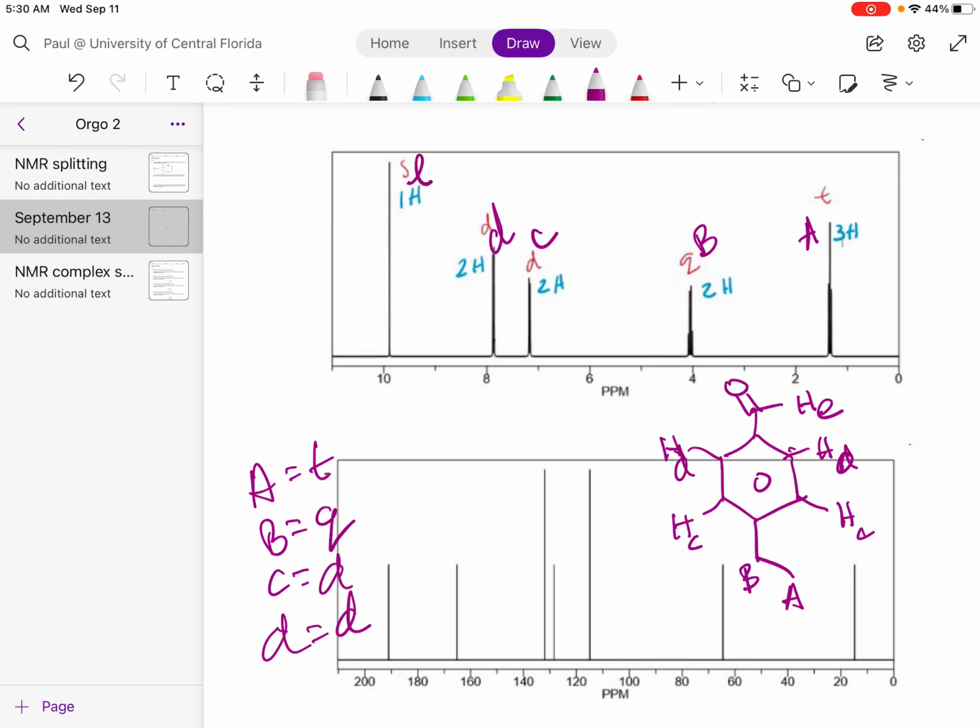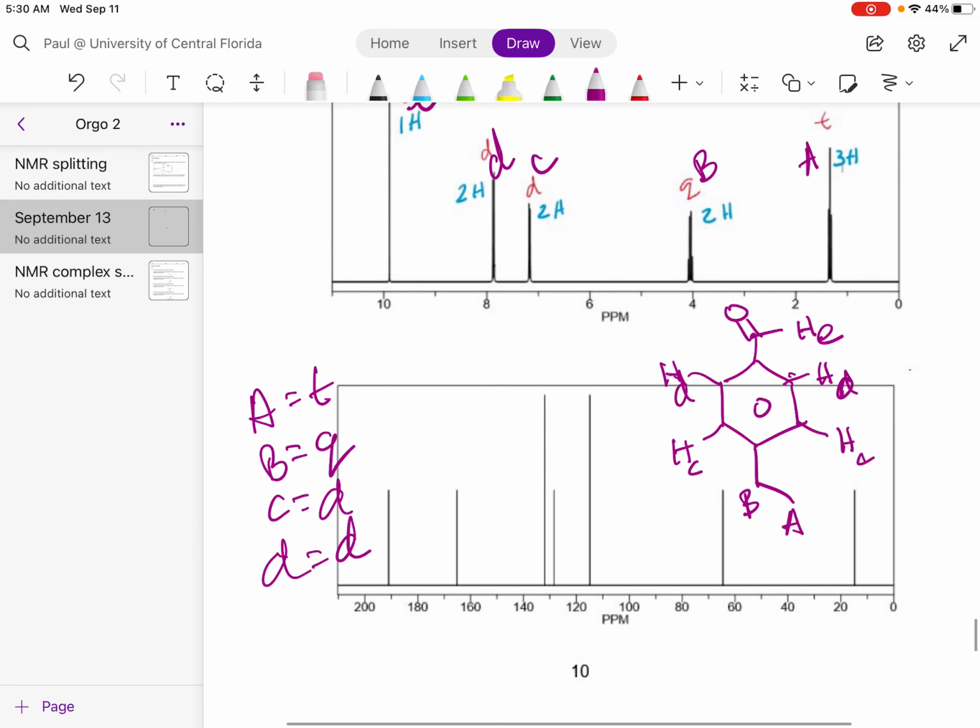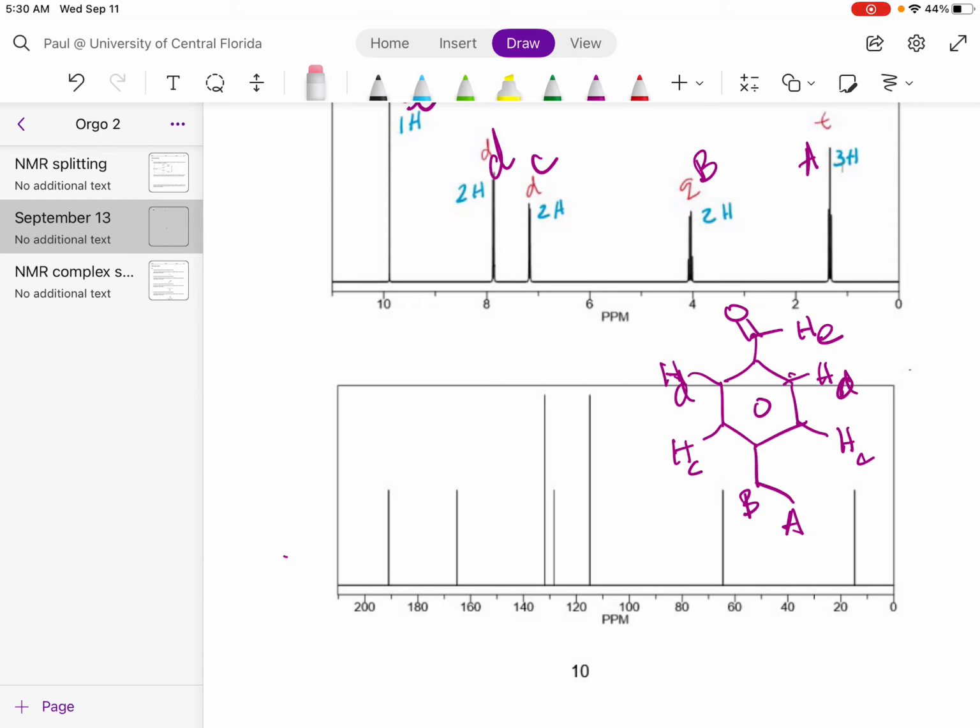And then proton E for the aldehyde. That all lines up beautifully. So now if we annotate the carbon 13, we can see that we have that species right there. That carbonyl is going to be the one that's furthest downfield, and we're going to have to label that with a different letter, so F.